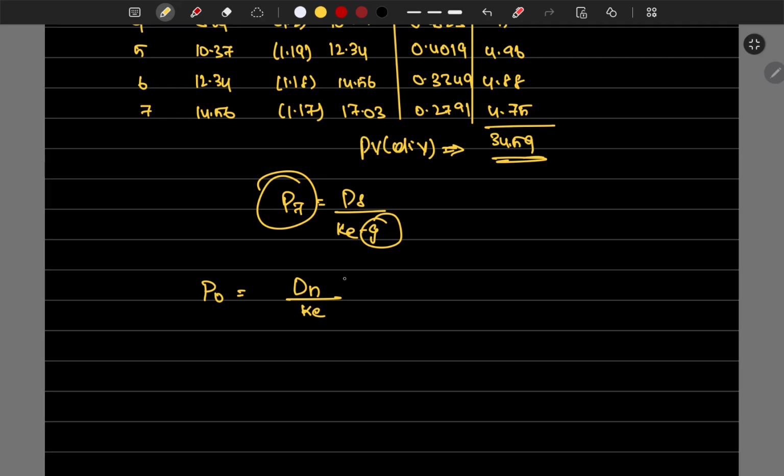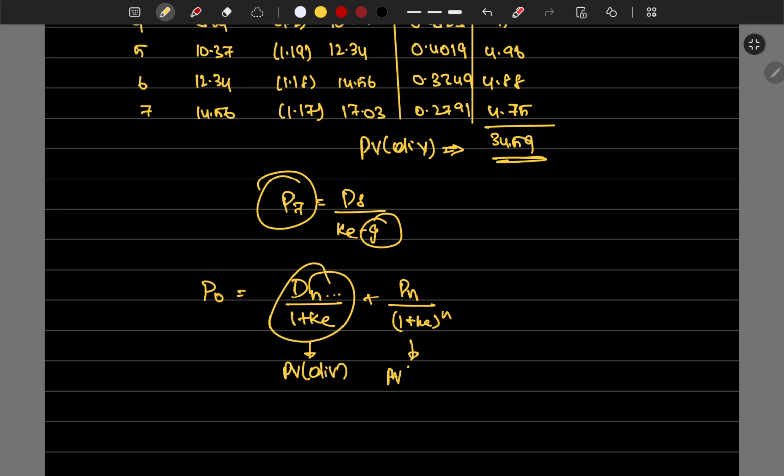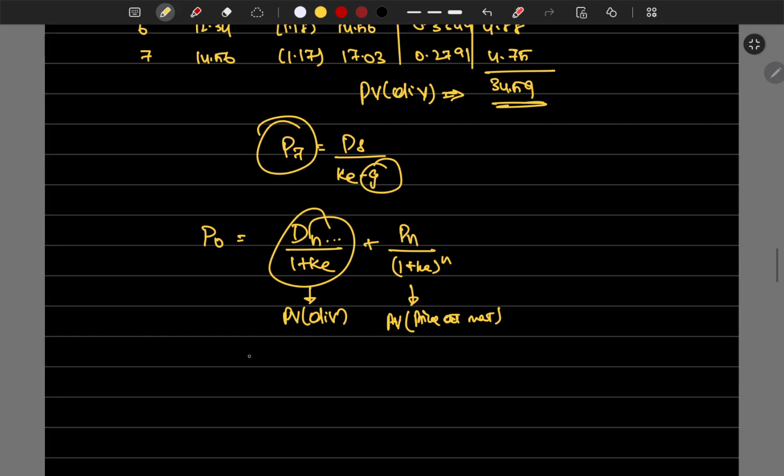So how are we going to find it? P0 is equal to Dn divided by (1 plus KE), plus Pn divided by (1 plus KE) to the power n. The first part is nothing but the present value of dividends, and the second is the present value of the price at maturity. The present value of dividends we know, which is 34.59, but we don't know the present value of the price at maturity, which is P7.